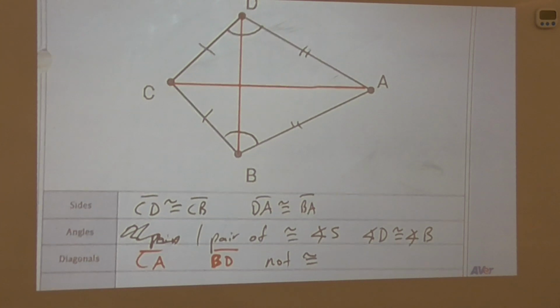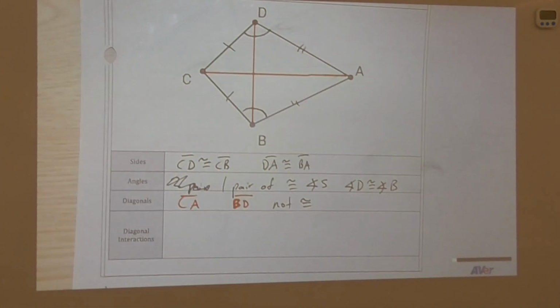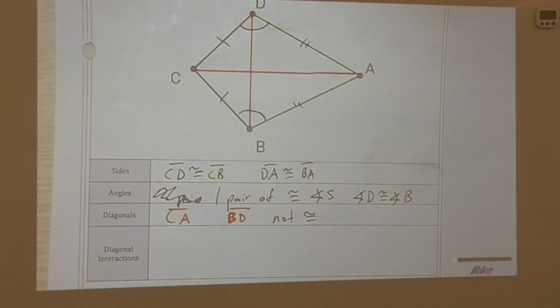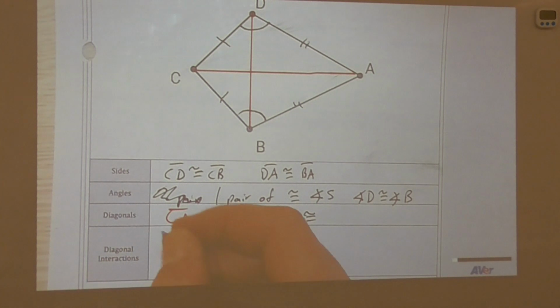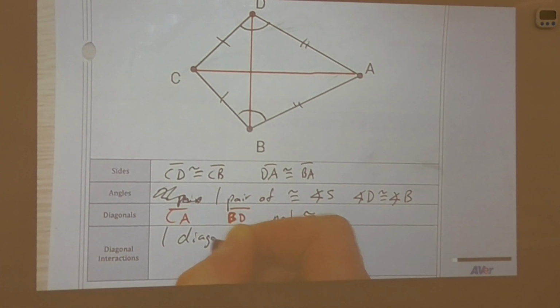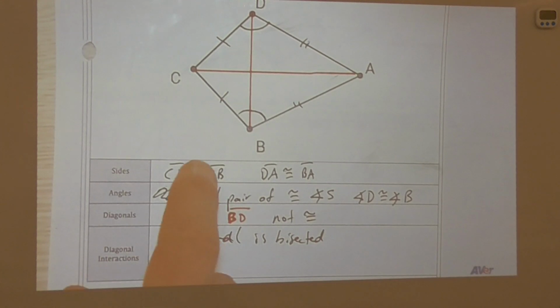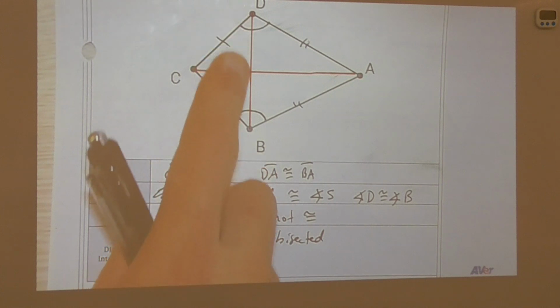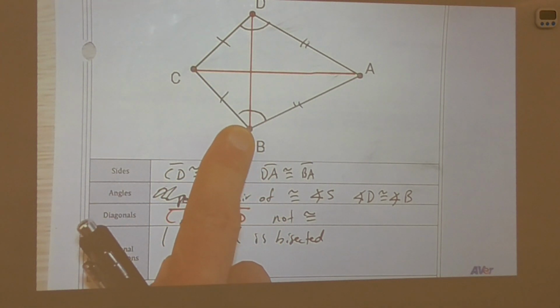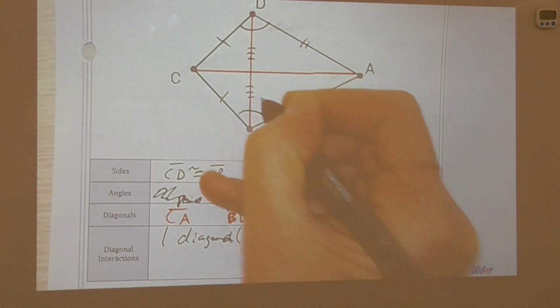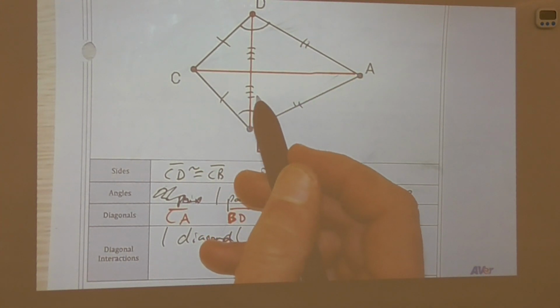And then if we look at the diagonal interactions, one diagonal is bisected. And that's diagonal DB. So that means that we have these two line segments congruent to each other.